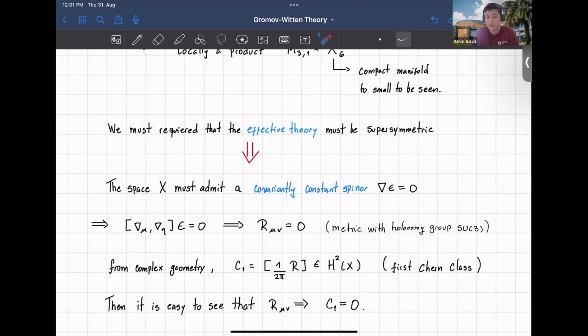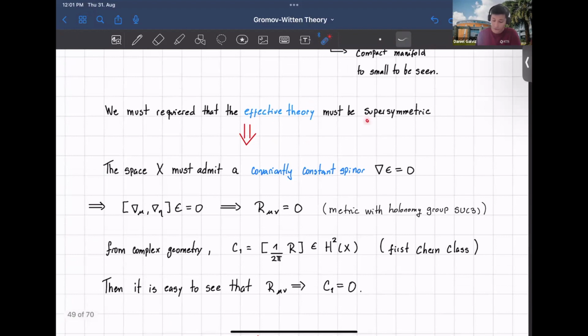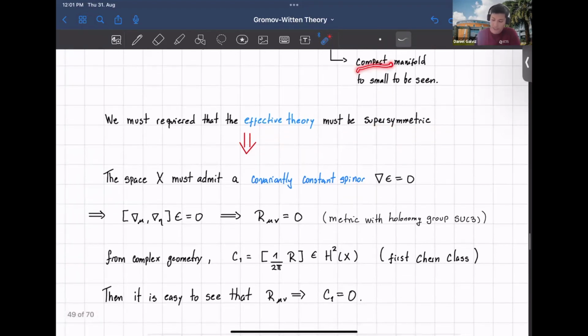It's very easy to see. So from supersymmetry, we have all this: the manifold should be compact, the manifold should have Ricci tensor 0, the manifold should have holonomy group SU(3), and the first Chern class should be 0. All these statements are actually equivalent.